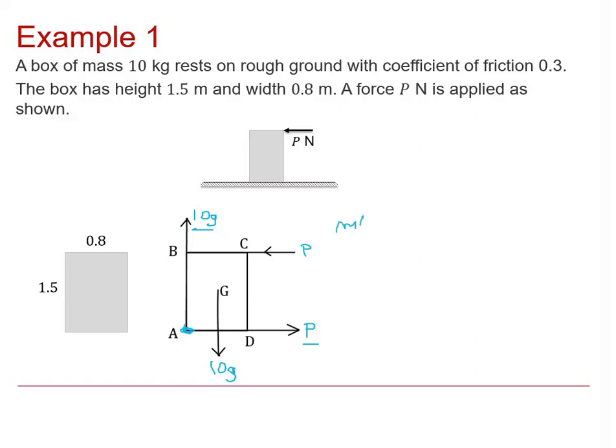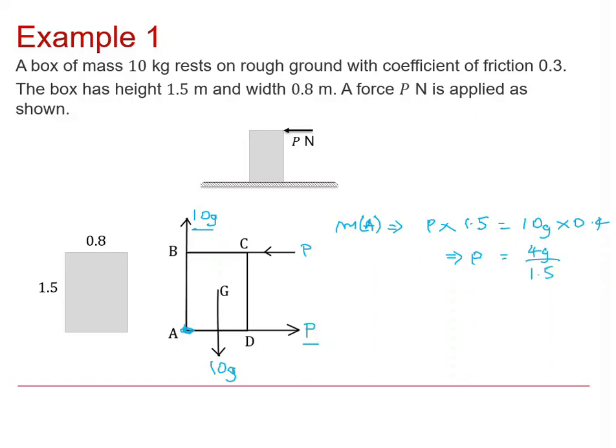So if we take moments about A, we'll have first of all the P force, which is counterclockwise, times the distance BA, which is the height of the box, 1.5, and that must equal the moment of the 10g. Now that's meeting the base halfway along the base, so that will be times 0.4. Now that simple moment calculation will tell us what P is. P is 4g over 1.5.